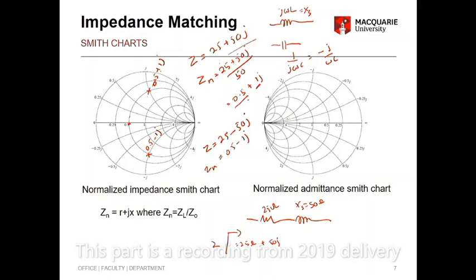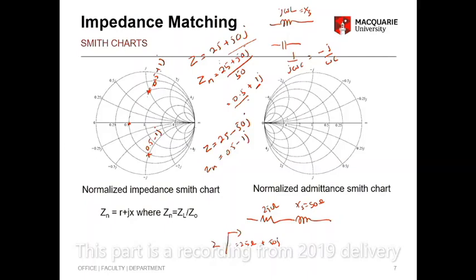And that can be represented on the Smith chart here. Okay? So this is quite early stages of the Smith chart. We are just trying to represent impedances on the Smith chart.